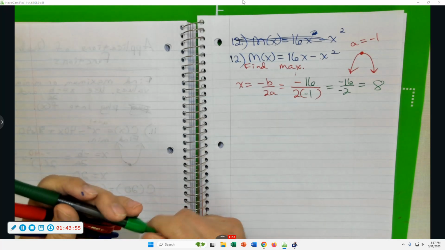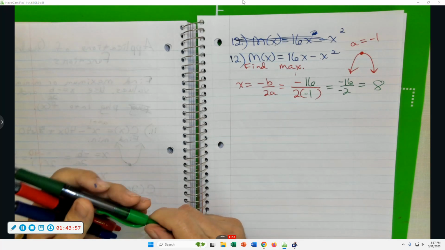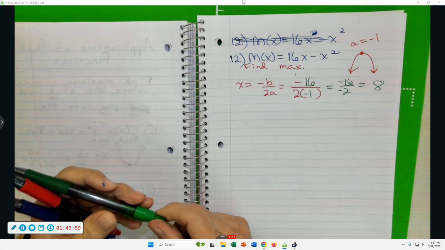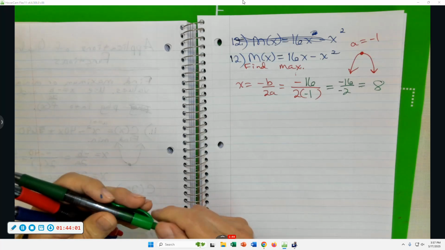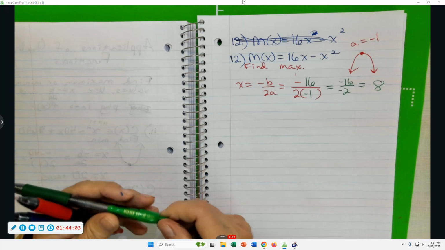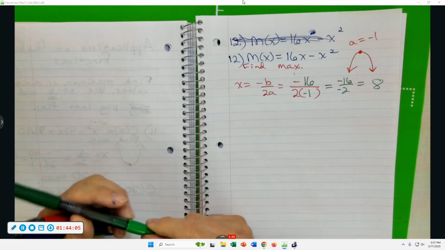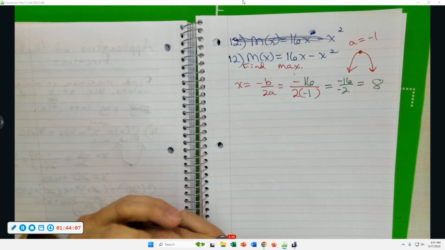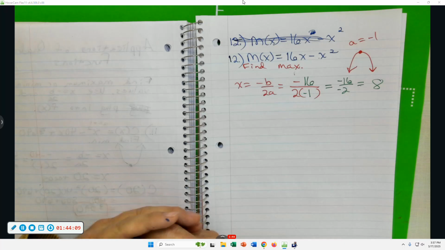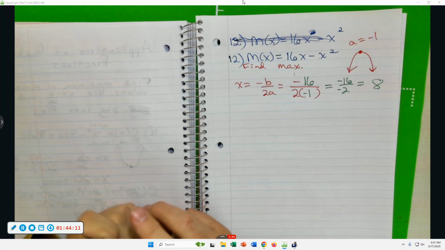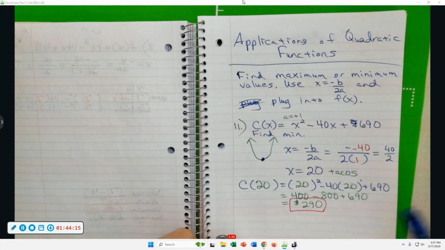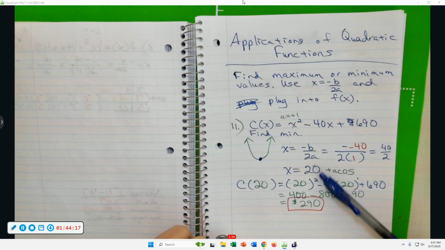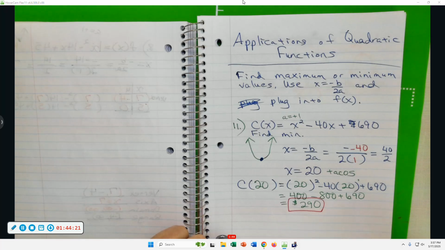Watch those signs. Would it make sense for us to have gotten a negative x value here? Would it have been sensible to say there need to be -8 million mosquitoes? No, negative numbers are not counting numbers, and that's true pretty much for all of these. Look at number 11. Would it have made sense for that woman to have sold -20 units of tacos?